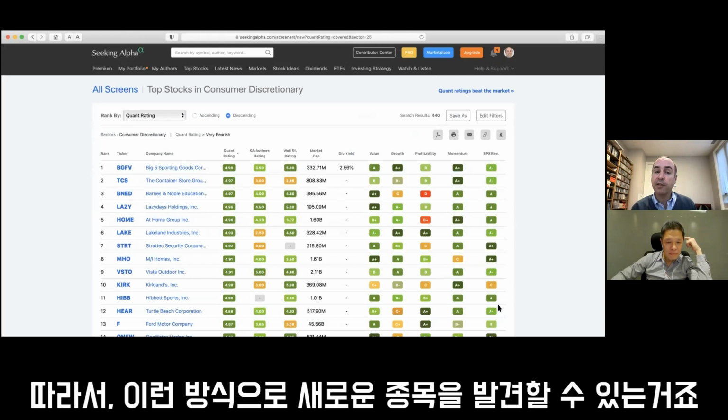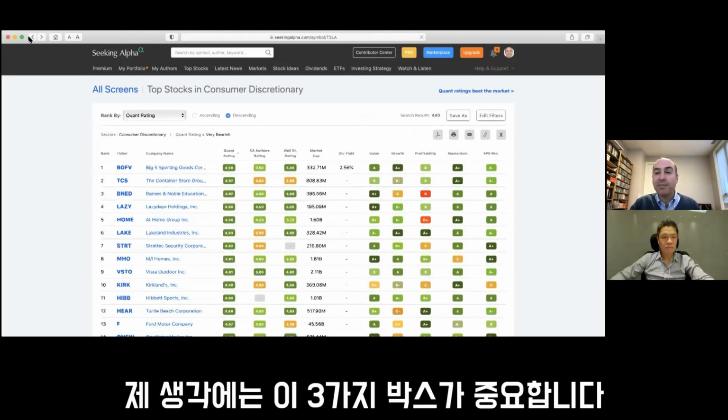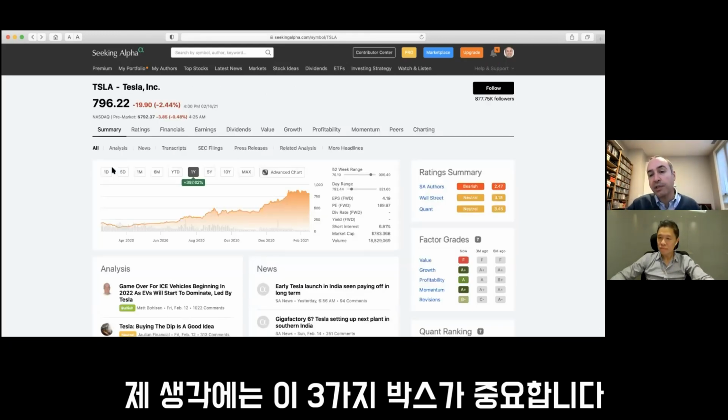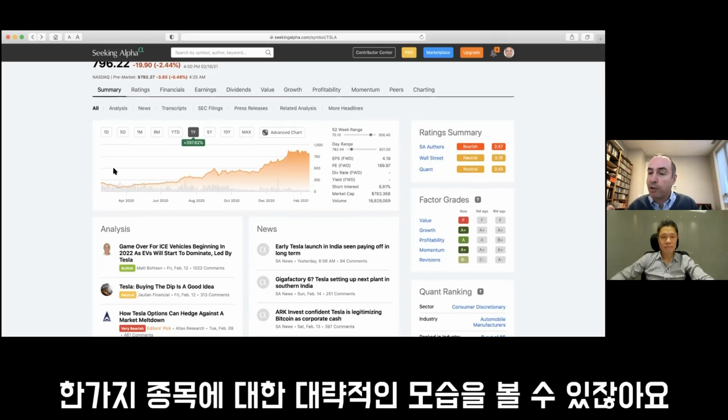So here's a way of discovering these stocks, where you can then go and drill down and explore the stocks more. So I think those three boxes give you in about three minutes a really wonderful overview of the stock.